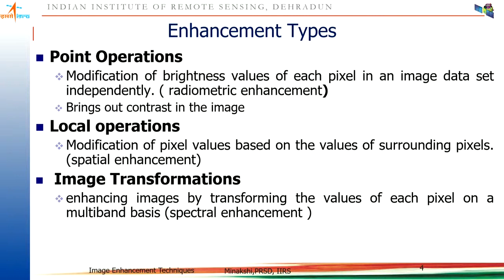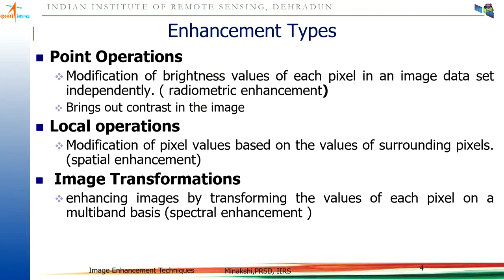Now both point operations and local operations are done on a single layer of image, that means on a single band of data. Whereas image transformation, the third category of enhancement techniques, modifies the pixel value not only based on its neighbors, but on a multiple band basis.